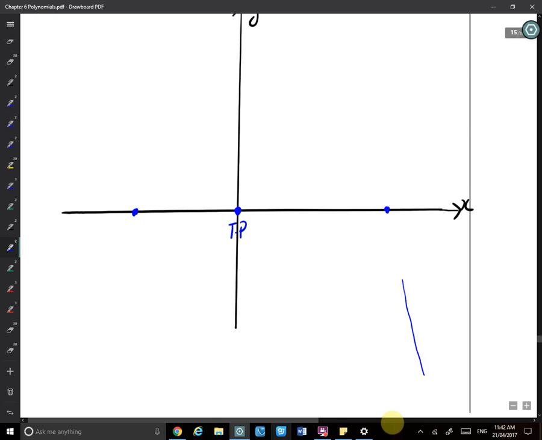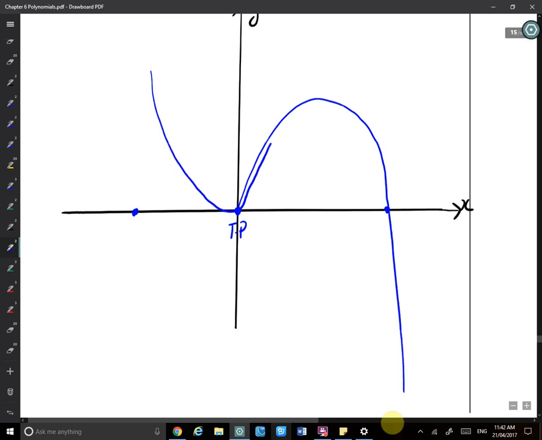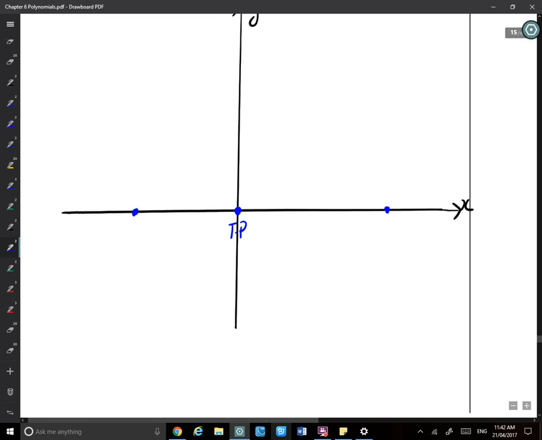You go up, and that's a turning point. So it will turn like this, and you will go down again. Okay, like that. That's roughly the shape. I will do a better one.